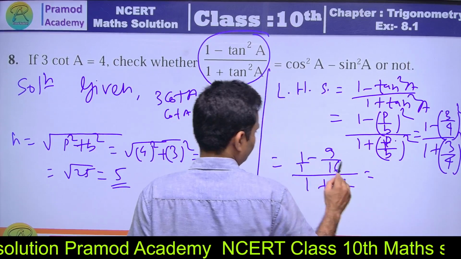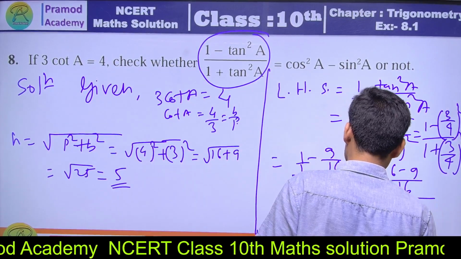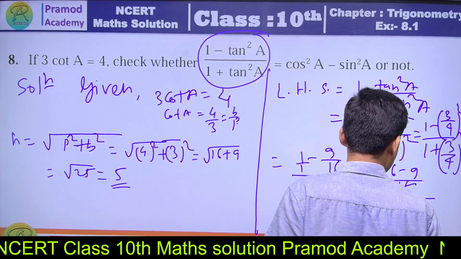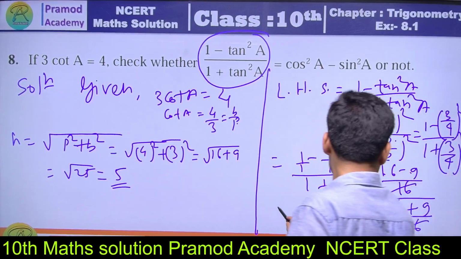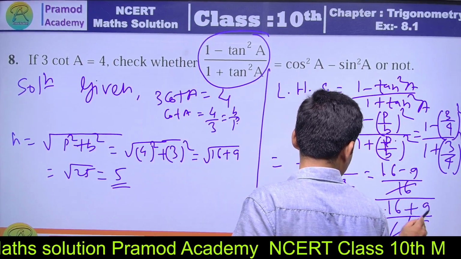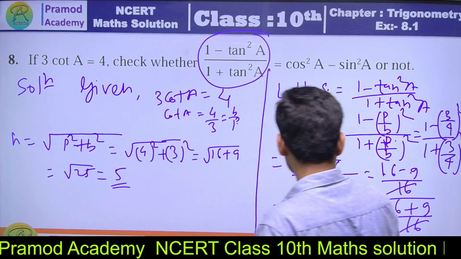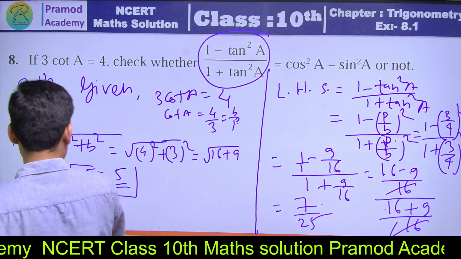So what will be the value? 16 minus 9 by 16 as 16 plus 9 by 16. 16 minus 9, 7. 16 plus 9, so 25. This is the LHS. Now I will talk about RHS.